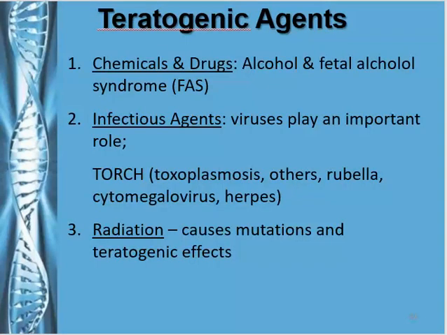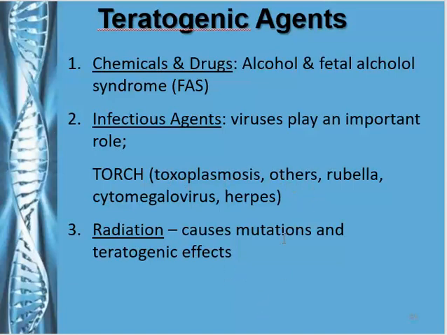There's all kinds of teratogenic agents. Alcohol and various drugs are considered it. Infectious agents, especially viruses, but the mnemonic to remember it is TORCH: toxoplasmosis, which is actually a eukaryotic parasite that's endemic in cats, and so it comes from litter boxes.